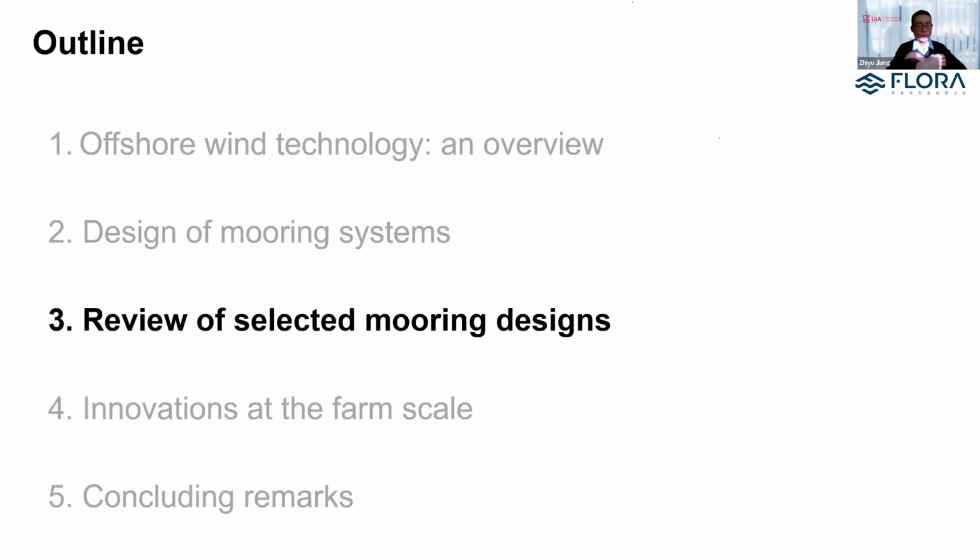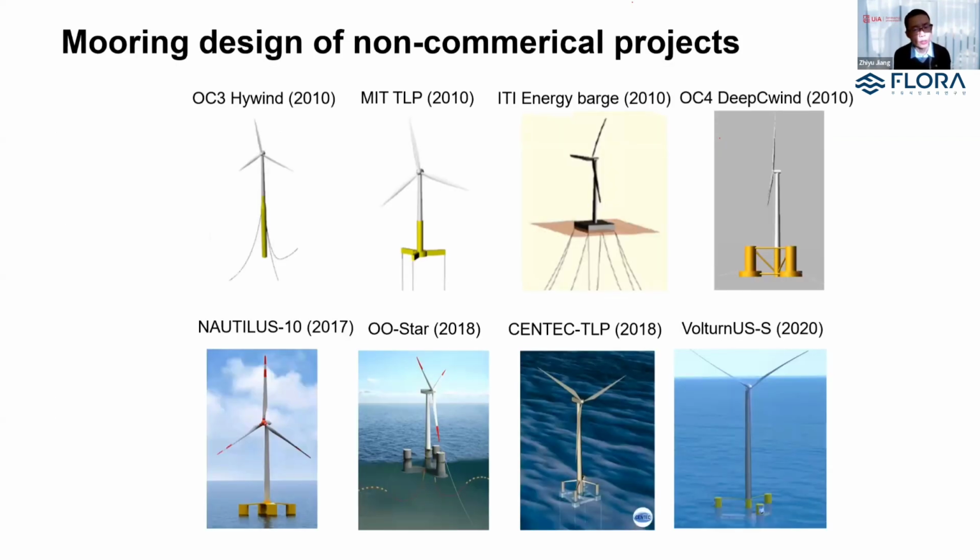Okay, so in the following, I'm going to review some of the existing mooring designs of offshore wind projects. There have been many mooring designs as well as floating designs at this stage. In this figure, we can see 8 picked designs, starting from OC3 Hywind in 2010 to the late VolturnUS-S design in 2020, made by University of Maine.